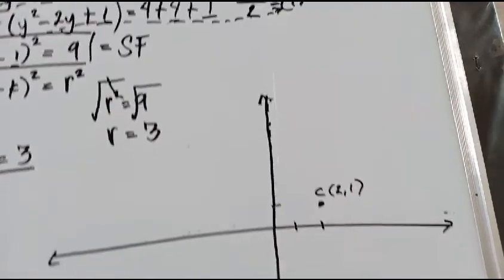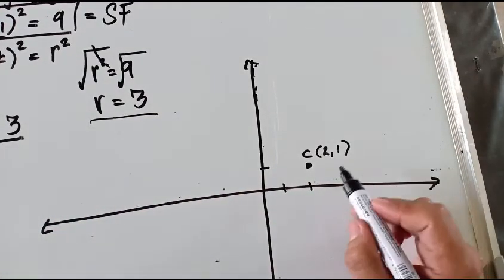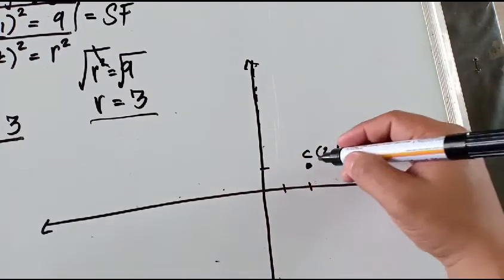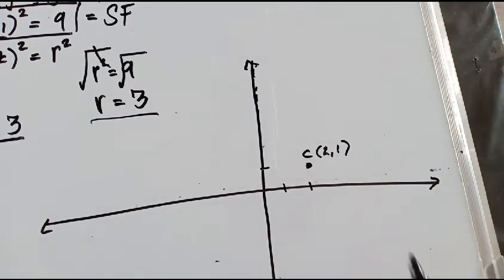Now, since the radius is equal to 3, we need to count 3 units to the right, 3 units to the left, 3 units upward, 3 units downward, because that's the measurement of the radius.